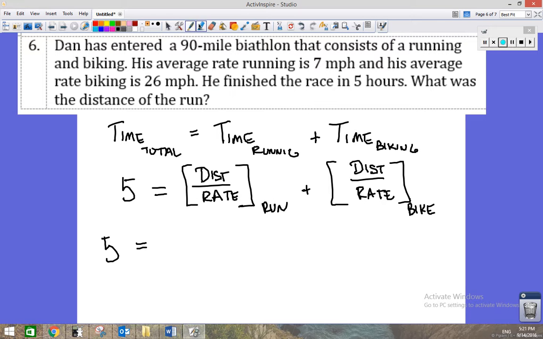It's asking what was the distance of the run. So I'm going to let that be my variable.